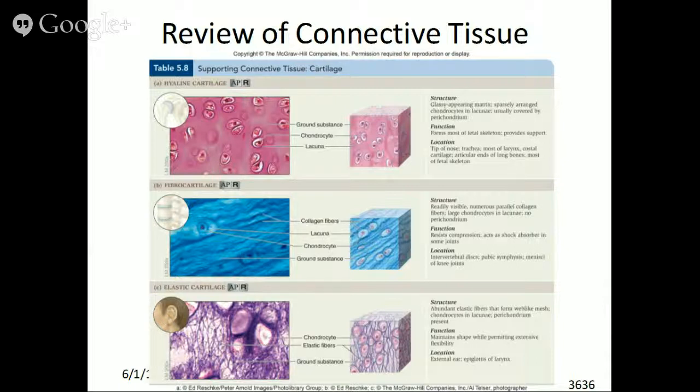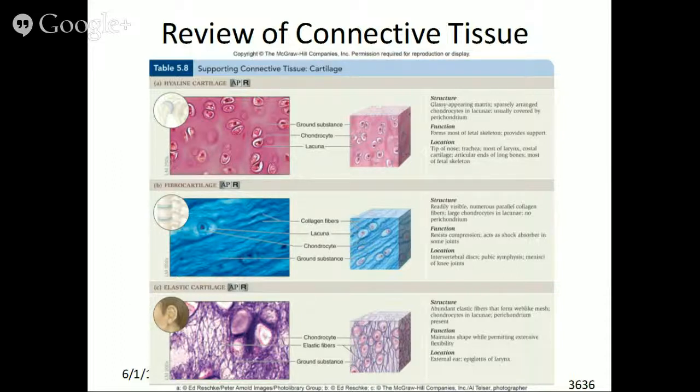Whereas fibrocartilage, on the other hand, is a cartilage, but you don't really find it in between a lot of the things where you would find hyaline cartilage. Fibrocartilage is a bit more rare, although it's the second most common one. Usually you find it in places like between your hip bones at the pubic symphysis, and in areas of your knee joints.